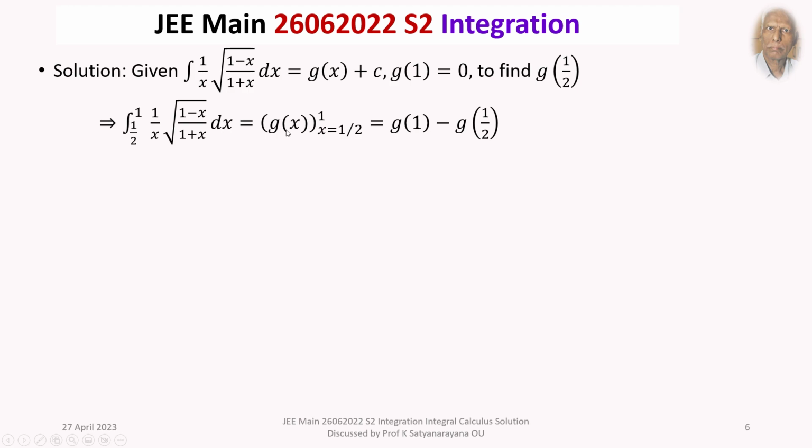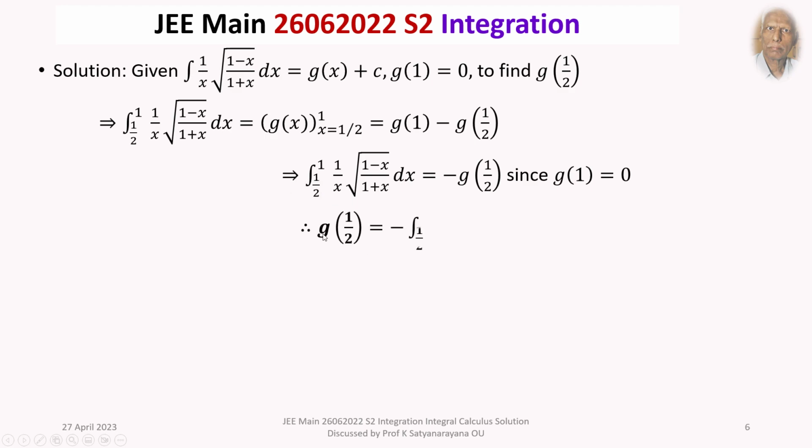Good. So when integrated, it is g of x from x equal to 1 by 2 to 1, that is g of 1 for the upper limit minus g of half for the lower limit. But we know g of 1 is given to be 0. So the integral from 1 by 2 to 1 of 1 by x under the square root of (1 minus x) by (1 plus x) with respect to x is minus g at x equal to 1 by 2, because g of 1 is 0.